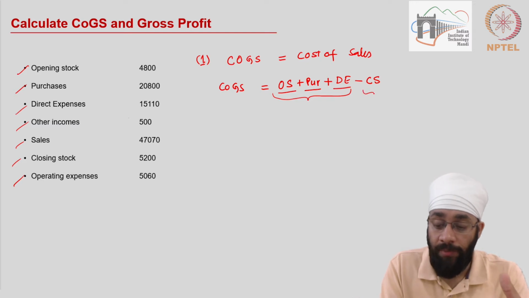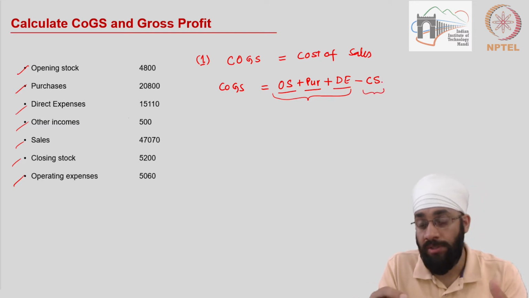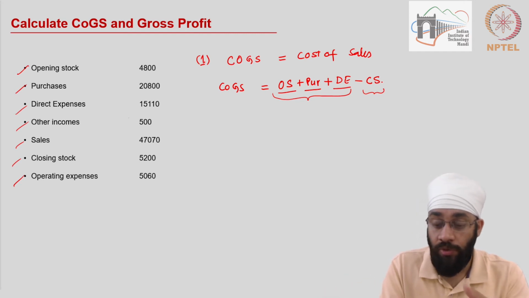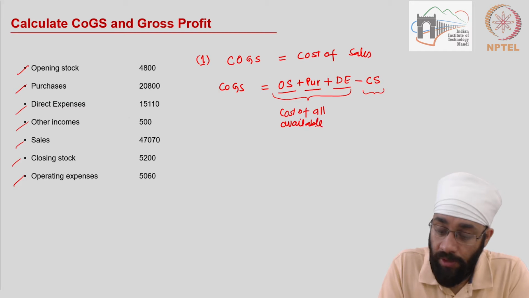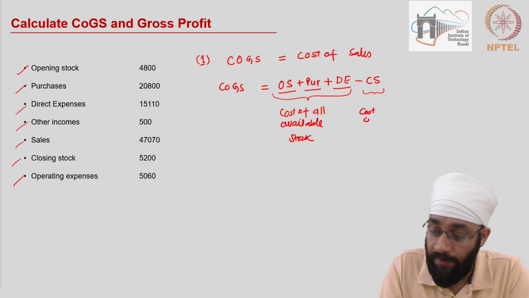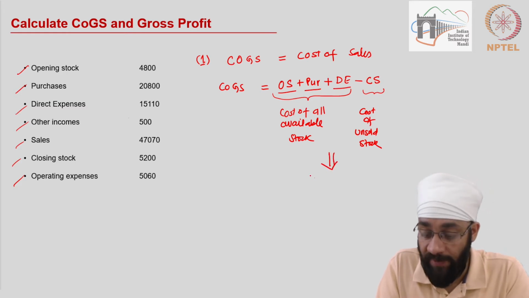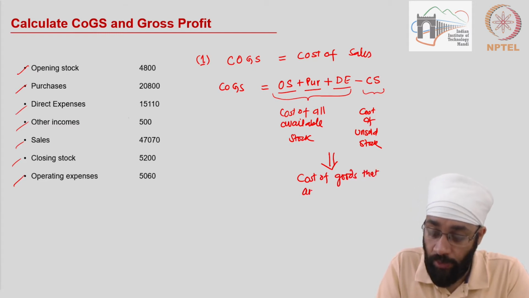And then you take out from it the closing stock, because this is not what is being sold during the year. This is the unsold stock. So the cost of all available stock minus the cost of unsold stock is what leads you to arrive at the cost of the goods that are sold.